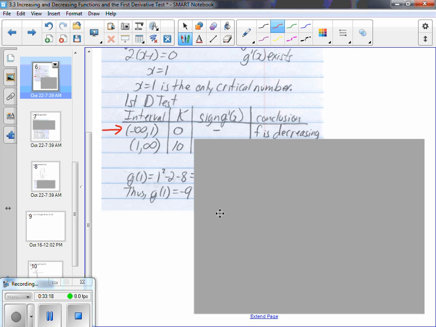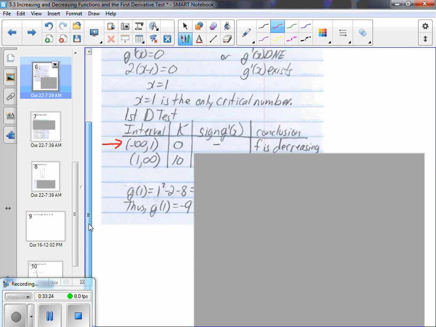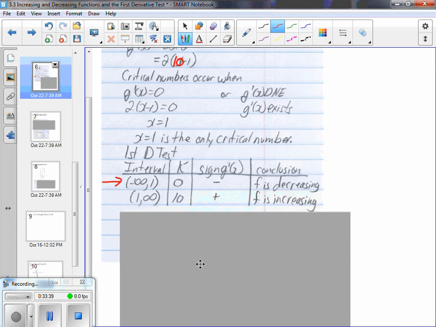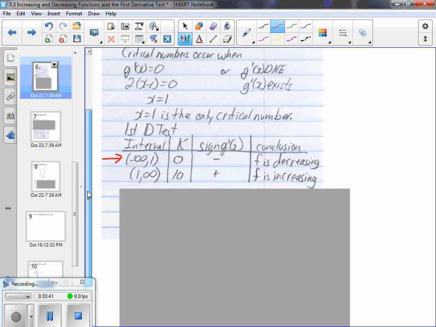I'm kind of thinking it probably is, but it doesn't mean it has to be. So I do have to do the test. So this time my test x coordinate is 10. So if I put a 10 there in the derivative for x, do I get a positive derivative or a negative derivative? I get positive, and then my conclusion is that f is increasing.